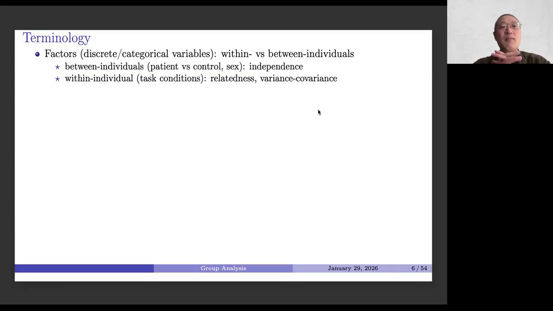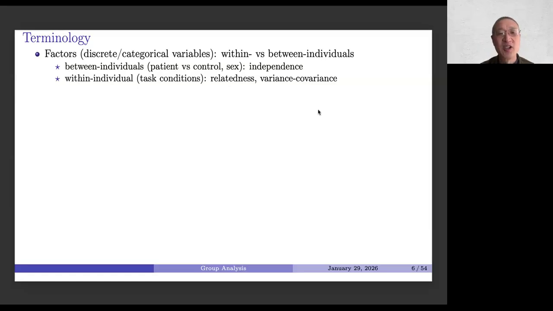So now let's talk about the group level specifically. Let's clarify a few terms. Group level usually involves some factors. Unlike the individual level, it's a regression model. So usually you have regressors, and you have covariates like head motion. At the group level, we deal with different aspects of those variables. The typical one is the factor. What is a factor?